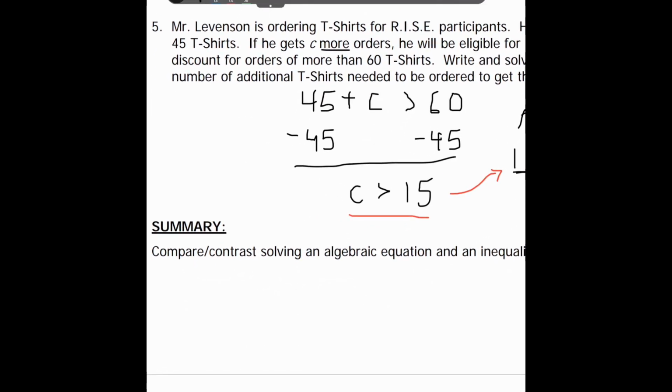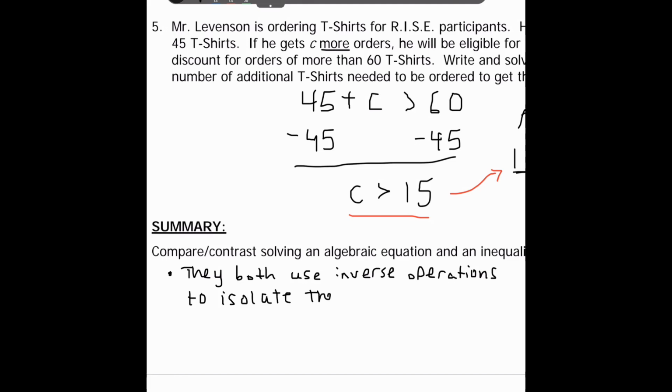Firstly, they both use inverse operations to isolate the variable.